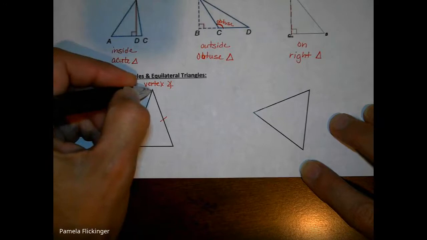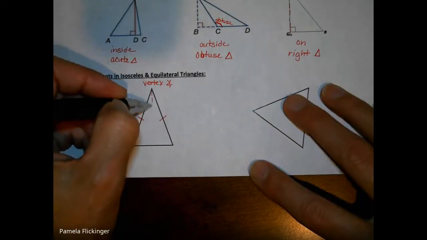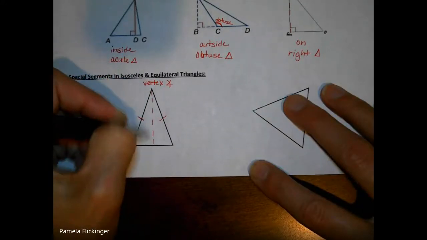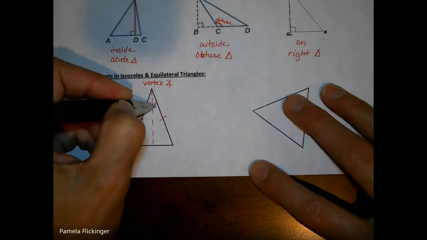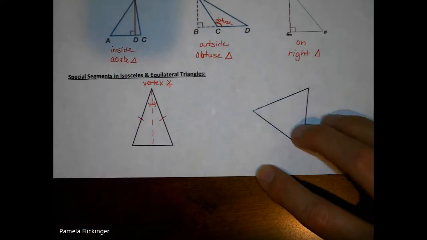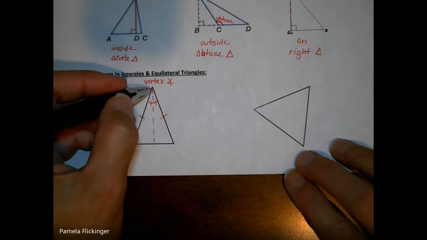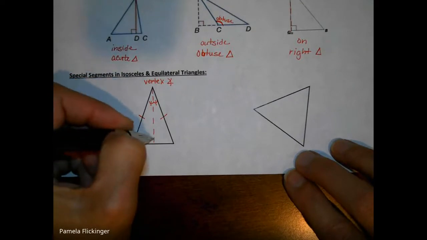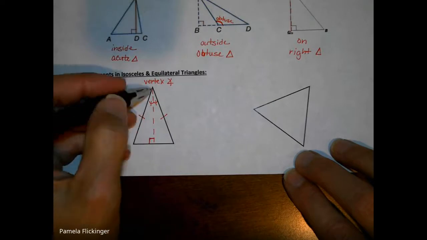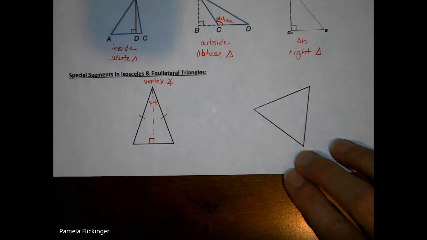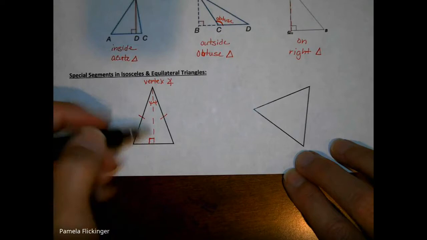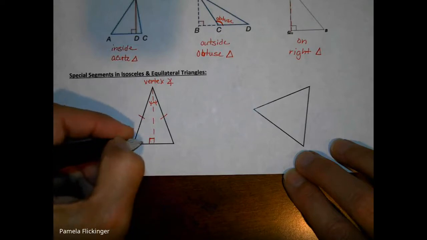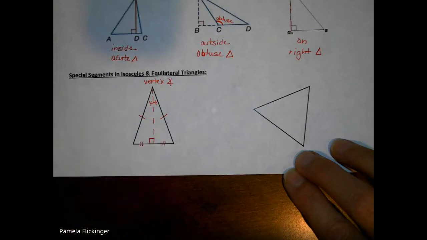If I draw in an angle bisector, what is going to automatically happen is not only does it bisect the angle, but it will be perpendicular to the opposite side, which makes it an altitude also. Not only is it perpendicular, but it also bisects the base.